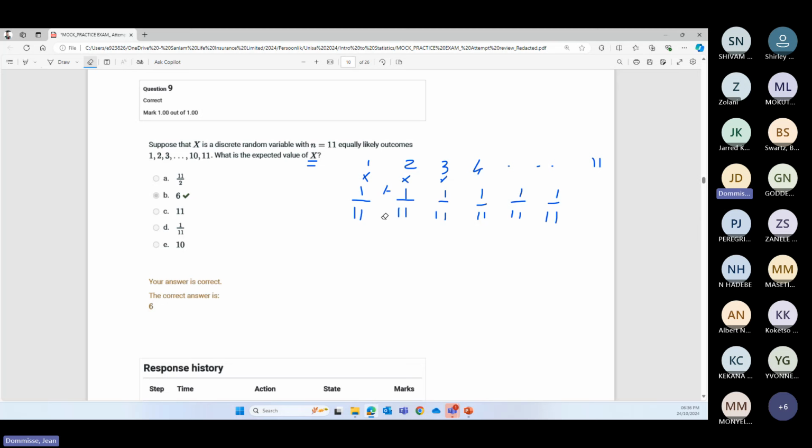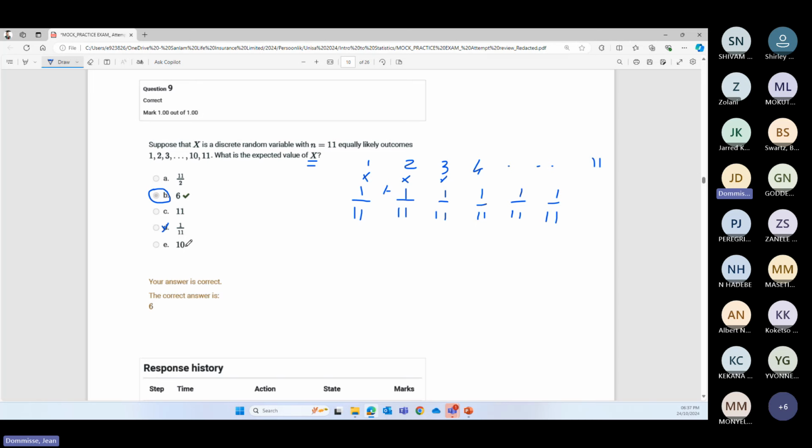So unfortunately, you need to work it out or write it out a bit, but then the answer would be equal to 6. So there's a few that I would in any case have eliminated. 1 over 11 can't be because that is just the probability of each of them.